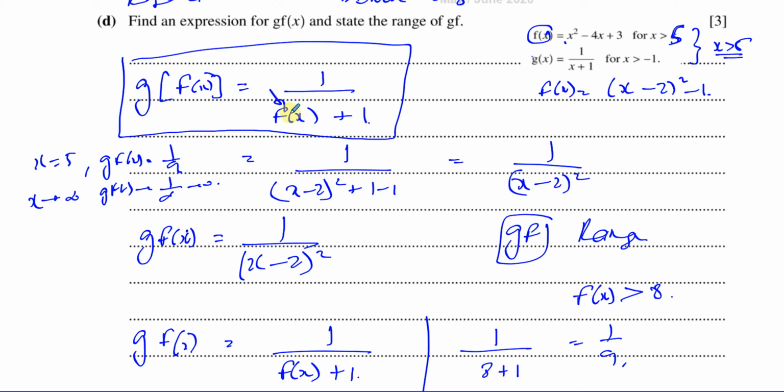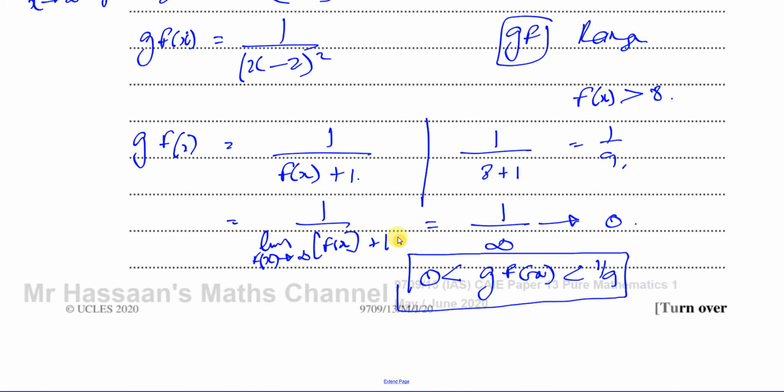So what comes out of f of x can be just above 8, so this would be 1 over 9. And it can be something close to infinity. f of x can be as large as you want, which will give you 1 over something huge, which is 1 over infinity, which gives you 0. So our range of g of f of x is between 0 and 1 over 9.